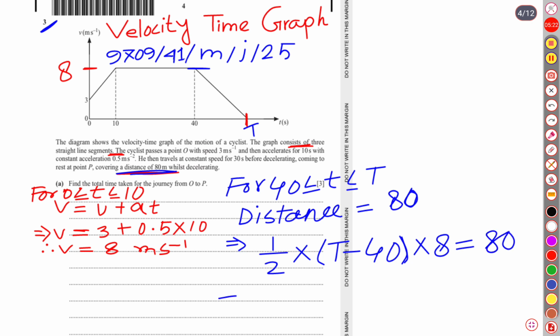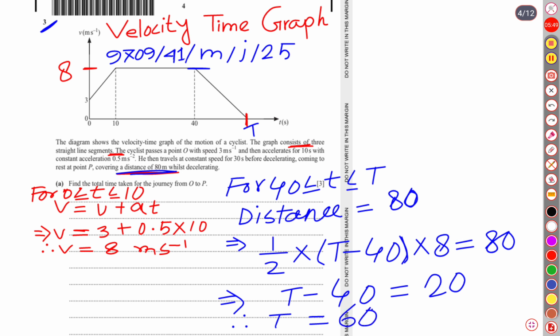Then half multiplies 8, it is going to be 4. If 80 is divided by 4, it is going to be 20. So T minus 40 is equal to 20. Hence, finally, our T is 40 plus 20, it is 60.